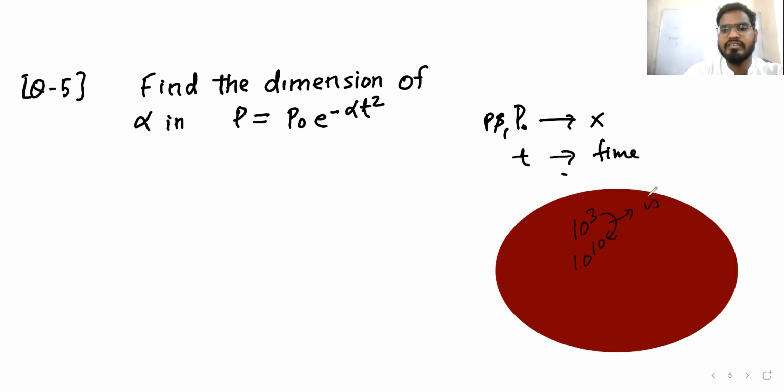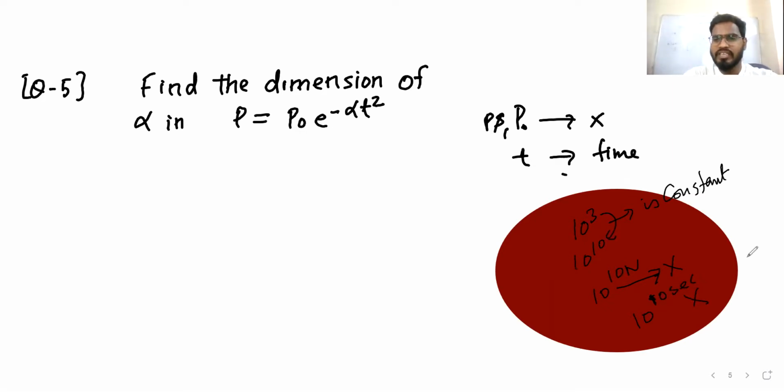3 and 10 are constants, guys. Can we write something like 10 to the power 10 Newton of force? No, you can't write this, right? 10 to the power of 10 seconds, you can't write this. It means this easily. The power of anything is constant.